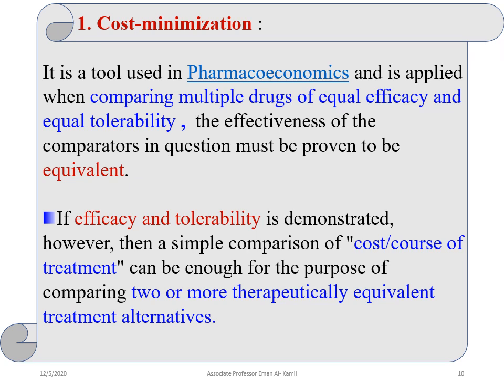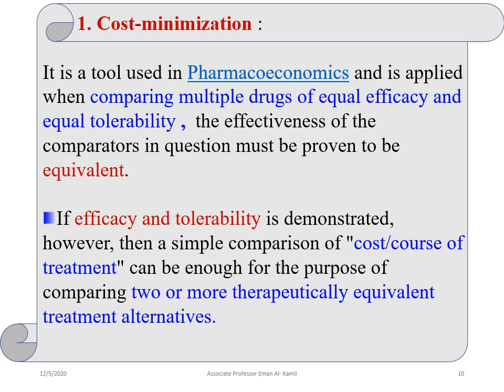So in this case we have 2 drugs or more which have equal efficacy. If we have a choice between 2 or more drugs which have the same efficacy and the same tolerability, meaning the way of tolerance is equal, so they are equivalent.